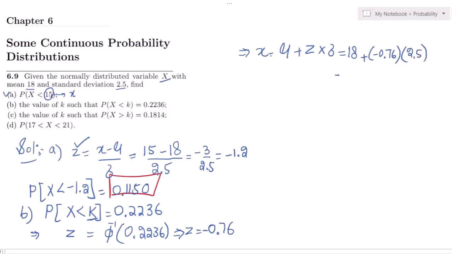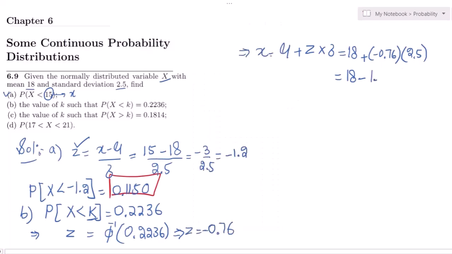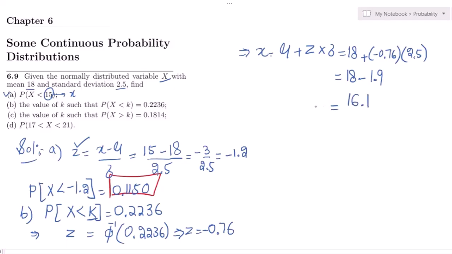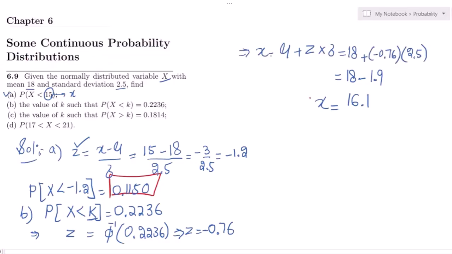So it would be 18 minus 2.5 multiplied by 0.76, so it would be 1.9, minus 18, so this is 16.9, and that is the value of x which we wanted to find out, and that is the solution of part B of my question.